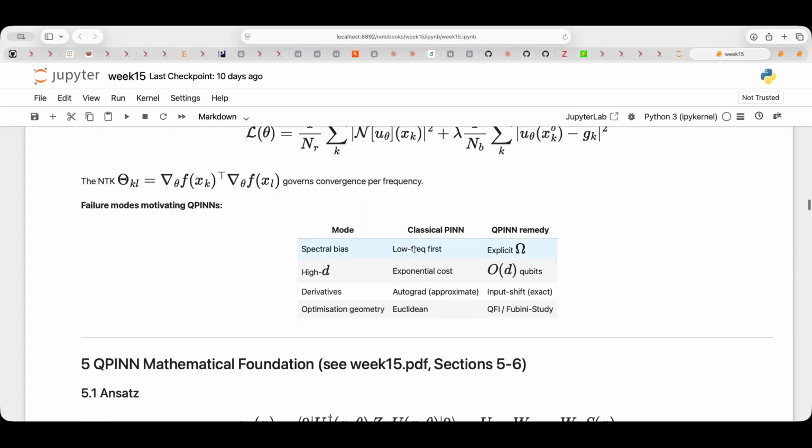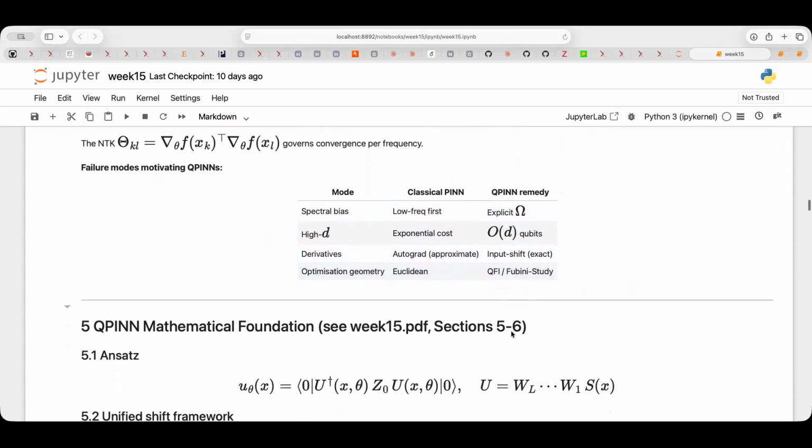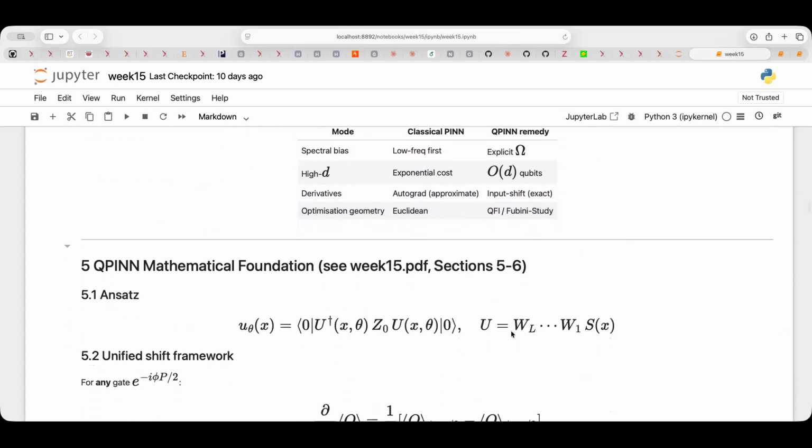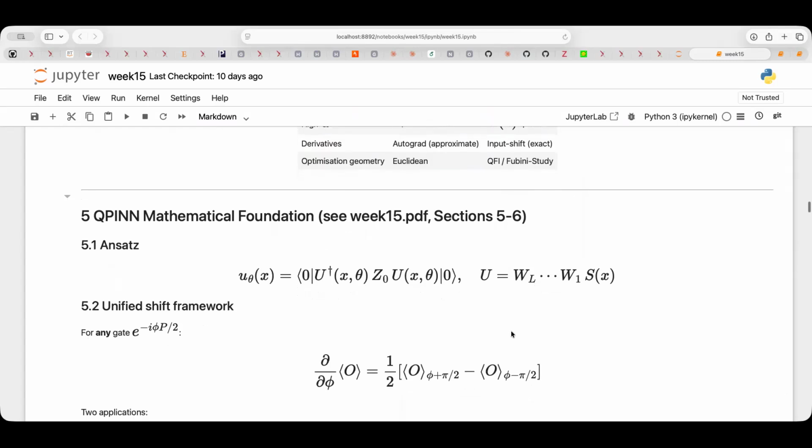So in the calculations here, we use autograd for the classical PINN, and we have the parameter shift rule for the quantum variant of it. And for the optimization geometry, we can use the quantum Fisher information. But in our case, in the first run, we're actually comparing that with a standard usage of Adam.